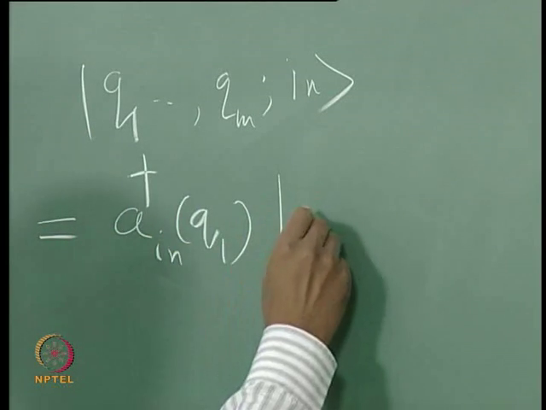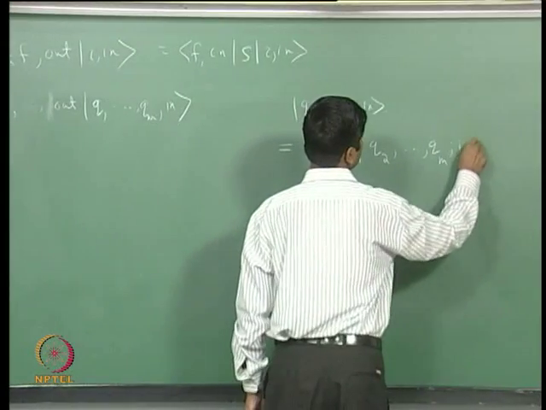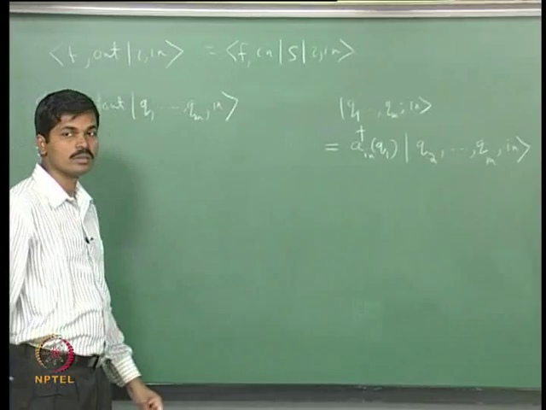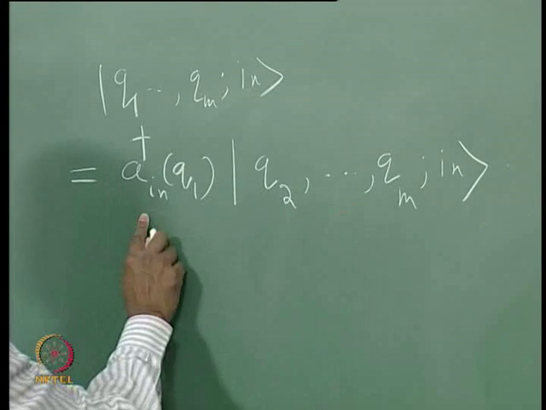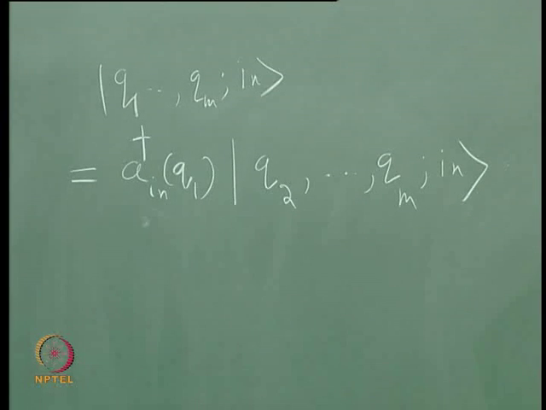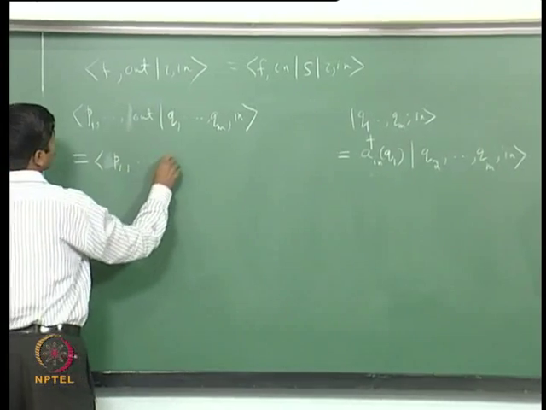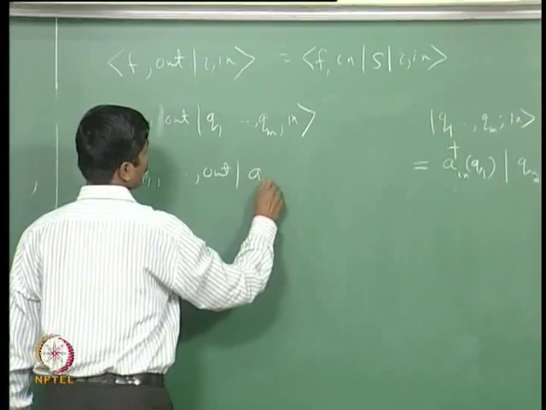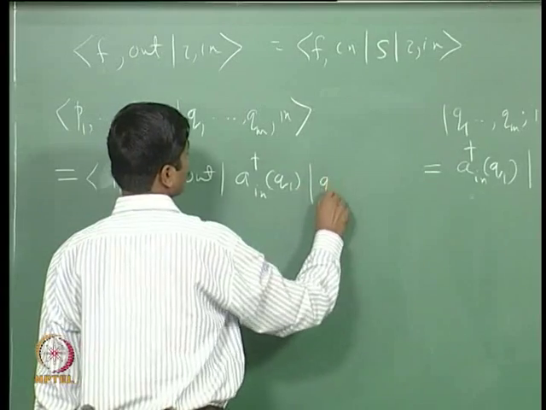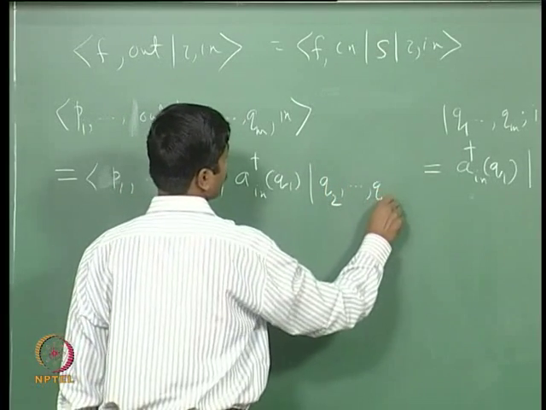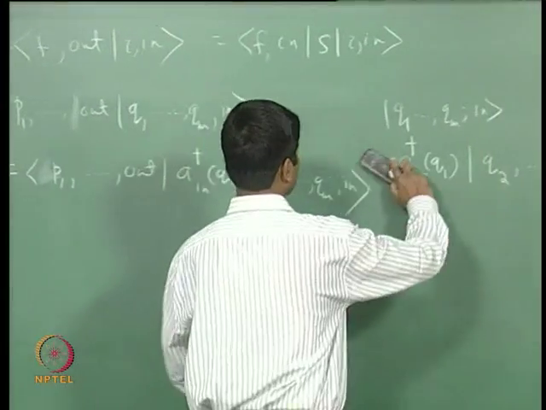Therefore, this state is equal to Q2 up to Qm in. All right. So, I will use this formula and I will use it m times iteratively, and then finally we will see what we get. So, let us consider the first step, which is P1 here, a in dagger Q1, Q2 up to Qm in. This is what we have.